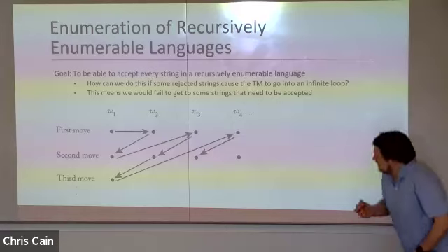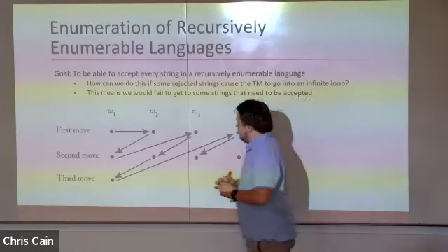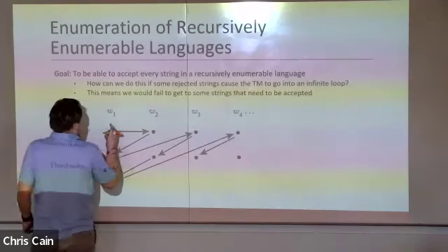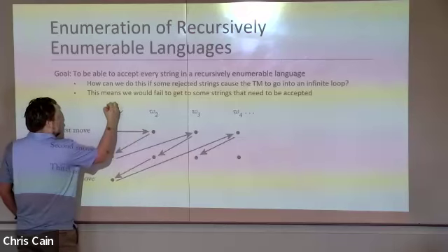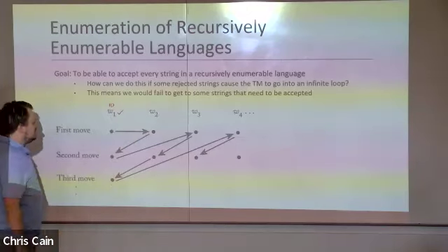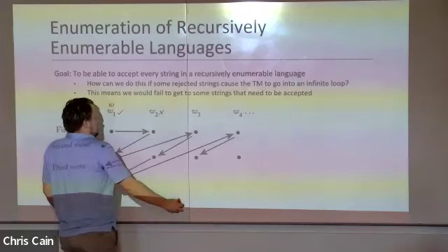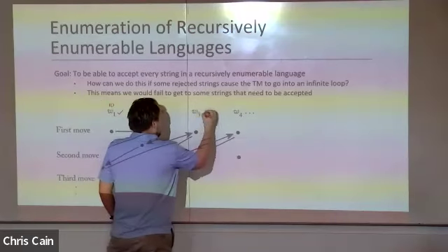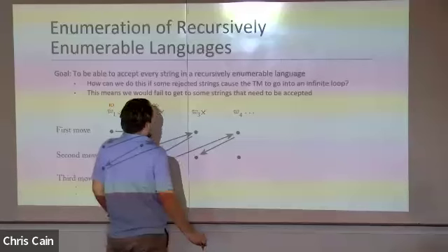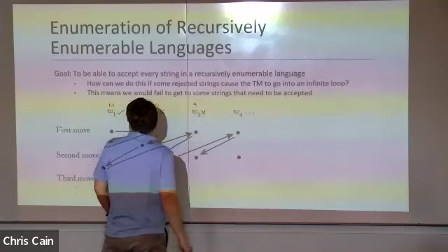So let's say we have this situation where W sub 1 is a string that is in the language and terminates in 10 moves. W sub 2 is not in the language and this spins forever. W sub 3 is not in the language and we can determine this in 4 moves.